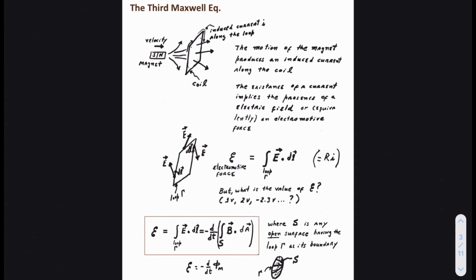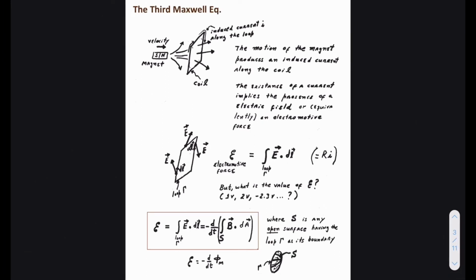Well, this is not surprising, as electromotive force can be considered as some kind of potential, and we can write each potential as some line integral of the electric field. So this induced electromotive force in this loop of wire is equal to the line integral of the electric field over this loop. Now, Maxwell's third equation is actually a rewrite of Faraday's law.